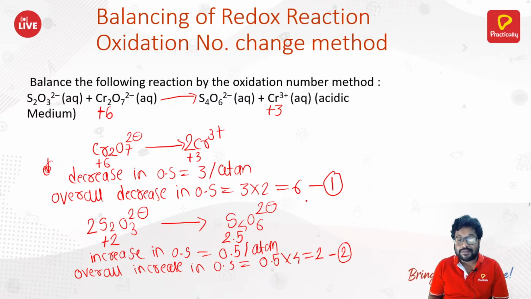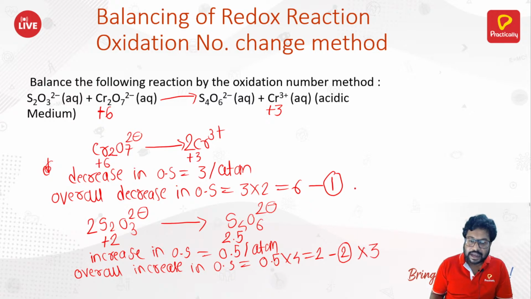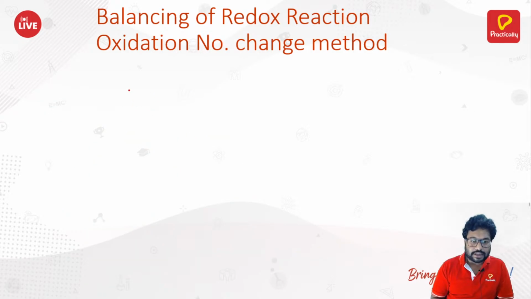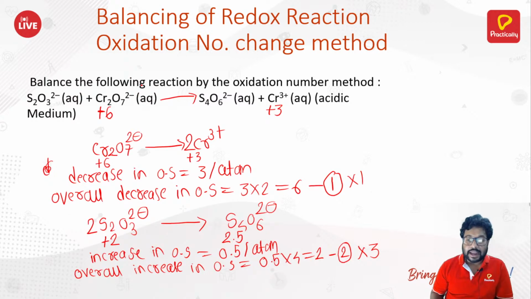So again, how can we balance this? We need to multiply equation 2 by 3 and equation 1 by 1, and then you should add them, right? Then what do you have? Cr2O7 2- will remain as it is, and you are multiplying S2O3 2- by 3.